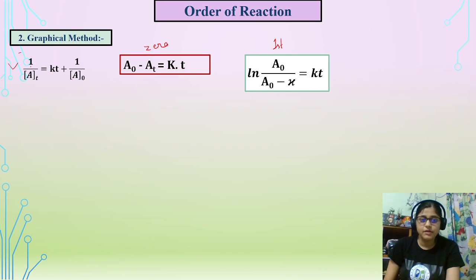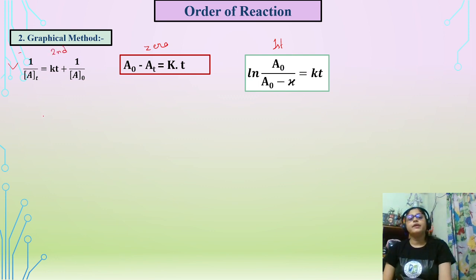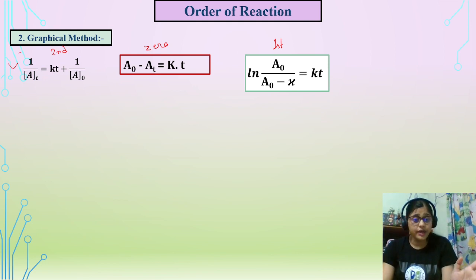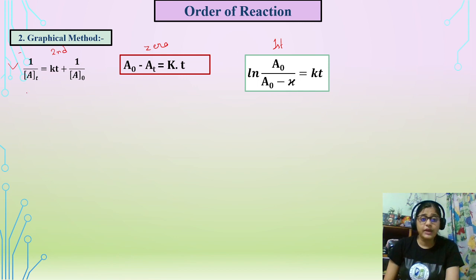Okay, this second. So if in the question it is given that 1 by At versus t is plotted, and the slope is this, and it is giving a straight line equation, then you can have the idea that this versus this will be a straight line plot with intercept.